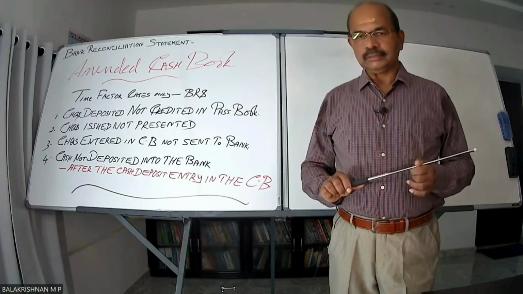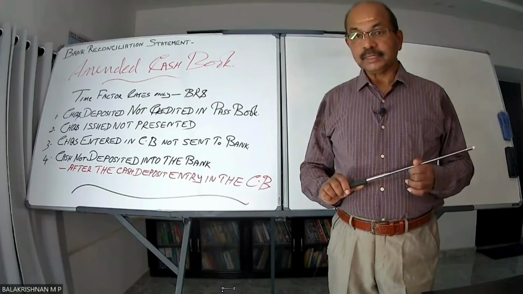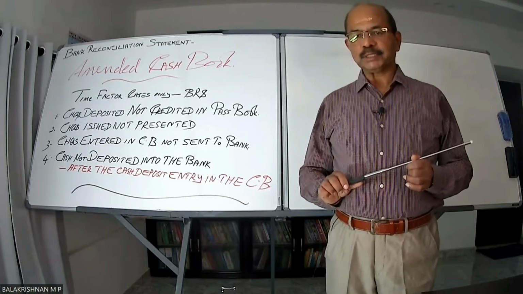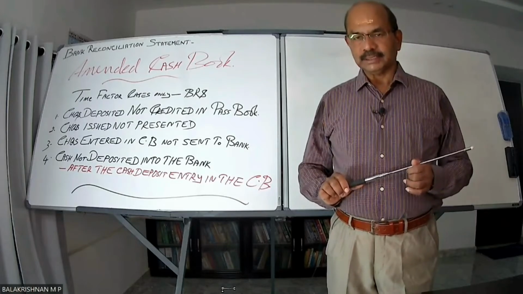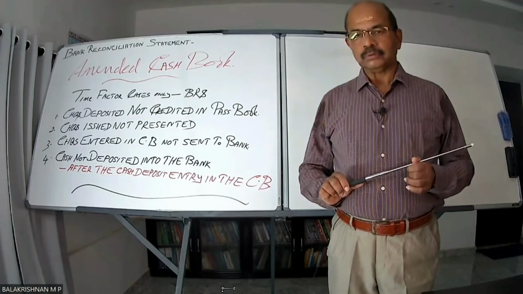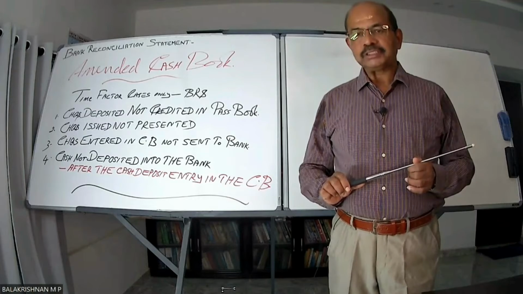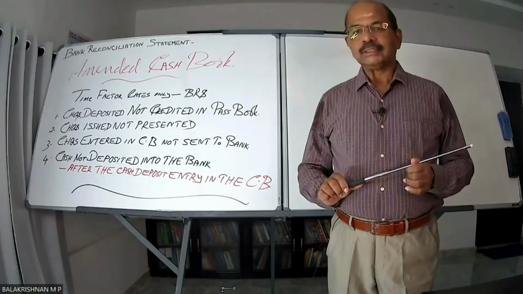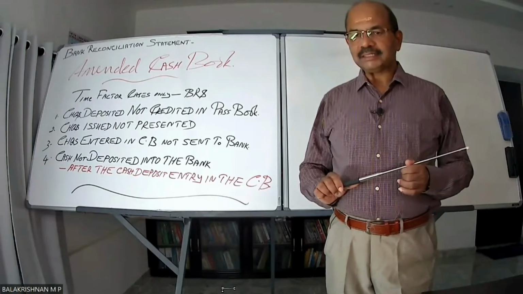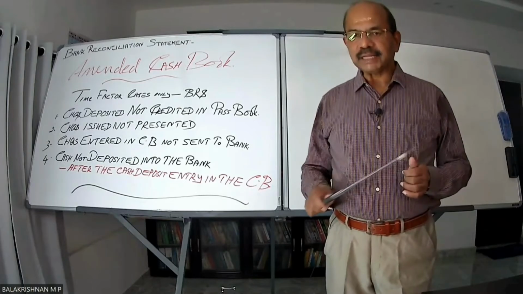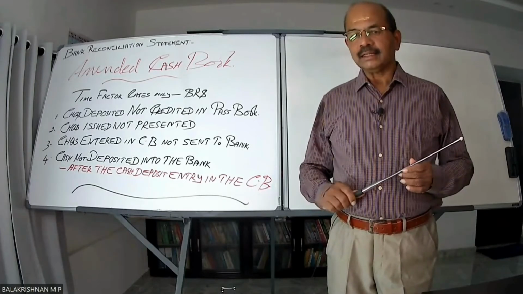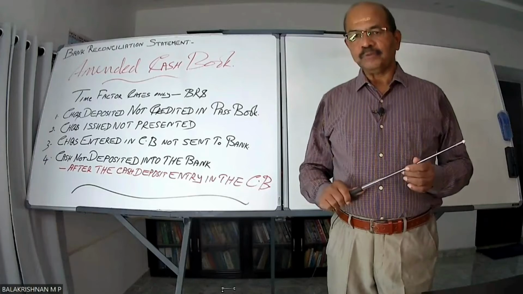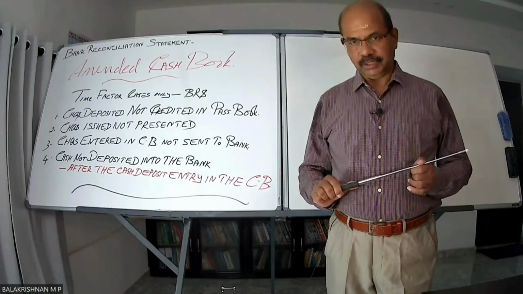Later on, three items: this amended cash book, in the way it is expected to be presented in the exam hall, the bank reconciliation statement, and the question concerned. All these three things, typed versions, I will be sharing at the concluding part of the video. I think that should suffice your requirement.